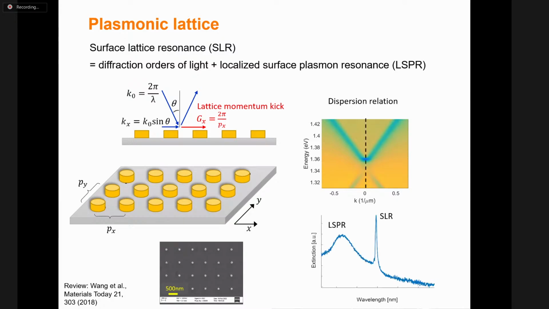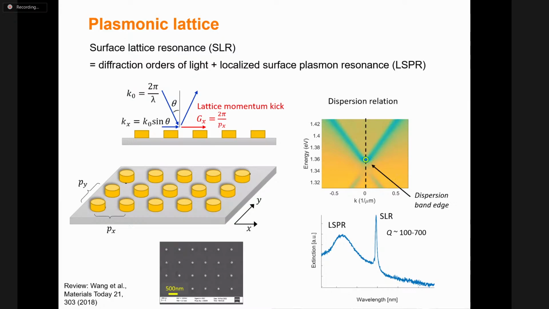If we take a look at the crosscut of the dispersion relation here at the center of the graph, we find that the SLR modes appear as a very sharp, narrow resonance compared to the localized single particle resonances. The quality factor of this in-plane cavity is typically on the order of some hundreds.